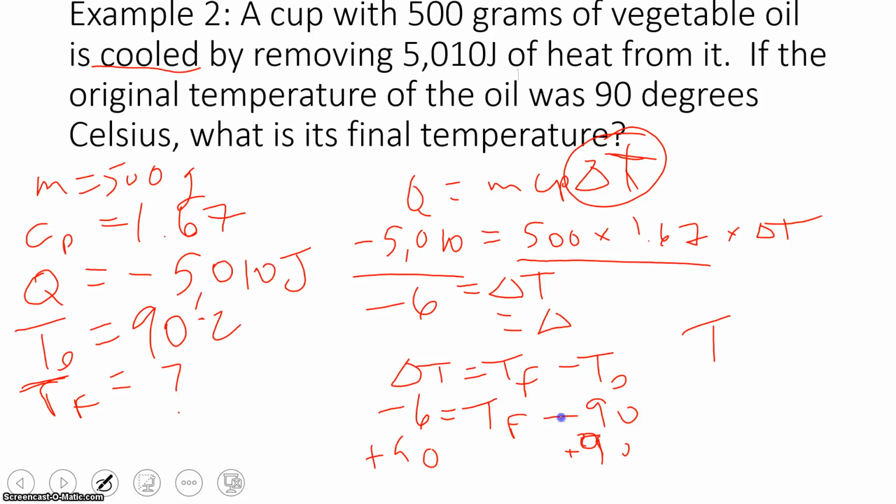So T final is equal to, what's negative 6 plus 90? 84 degrees Celsius. So what was its final temperature? Its final temperature was 84 degrees Celsius.